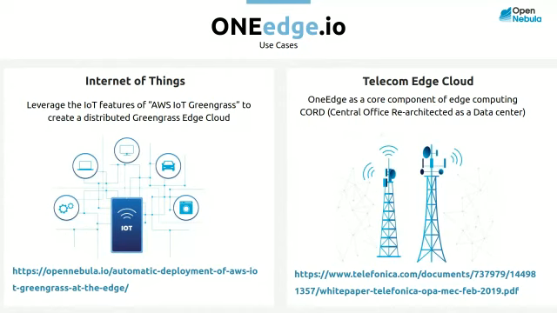Telcos are some of those organizations that are embracing edge computing as well, but in their case, they are embracing this concept as providers of resources. As part of this movement, this central office re-architecture as a data center process, what a telco company normally does is try to transform their central offices into small data centers.